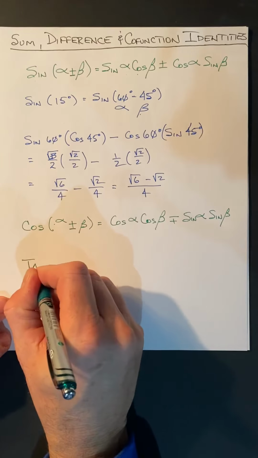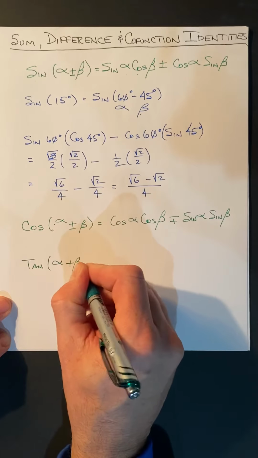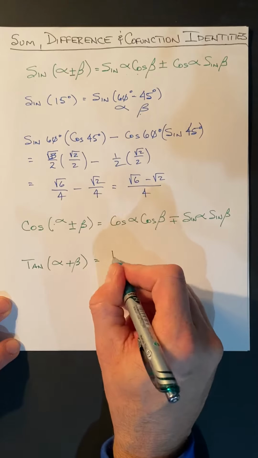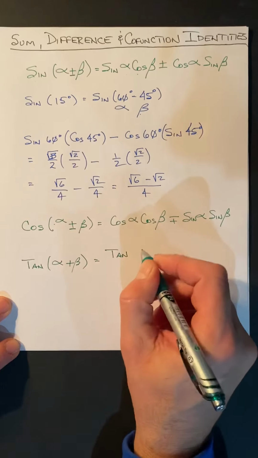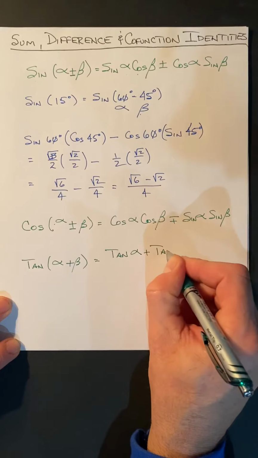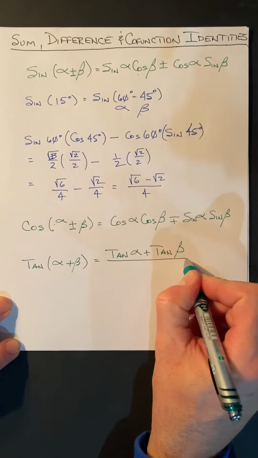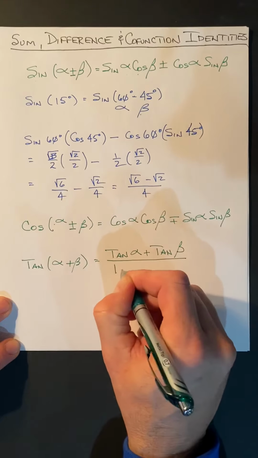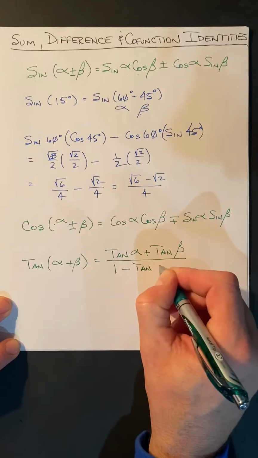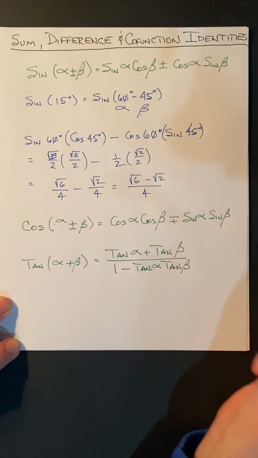So the tangent of alpha plus beta is going to be equal to the tangent of alpha plus the tangent of beta all over 1 minus the tangent of alpha, tangent of beta, okay?